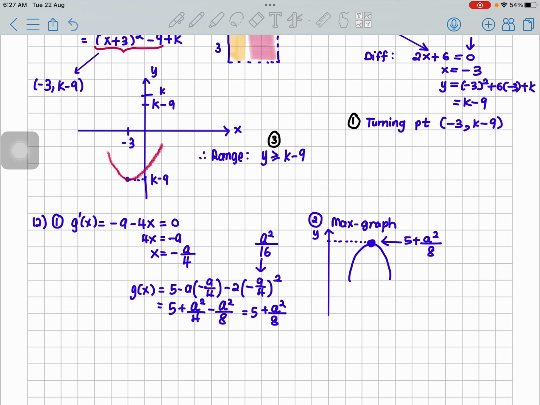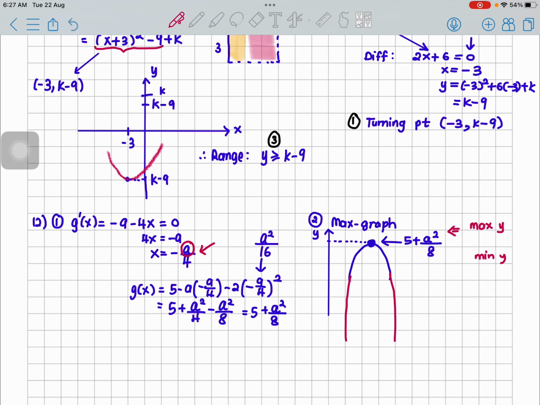If you want to be very precise, then you check on your x value over here. We are not sure whether our a is positive or negative, so whether the x will be on the right hand side or left hand side of the x-axis, you are not so sure. But that doesn't matter, because you know your maximum y is equal to this. What is the minimum y? We don't have one, because the graph will just extend at the bottom.